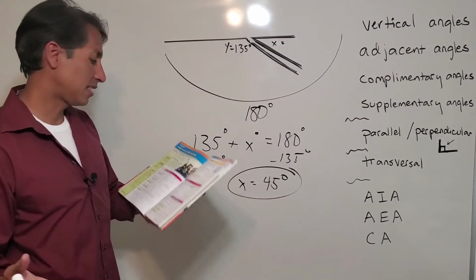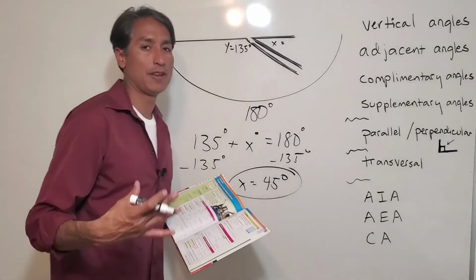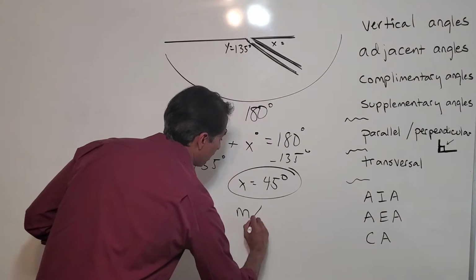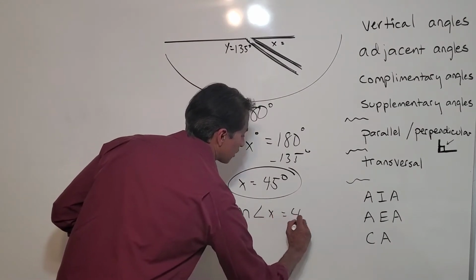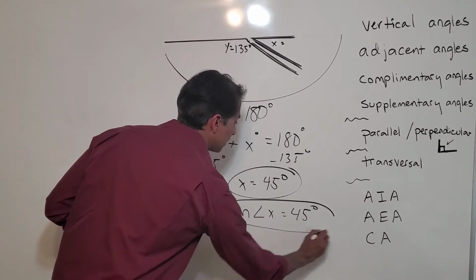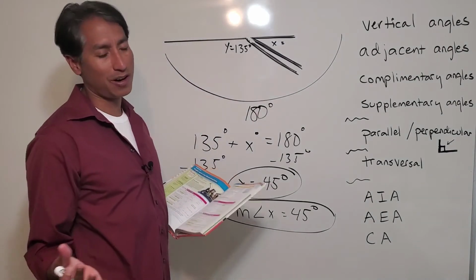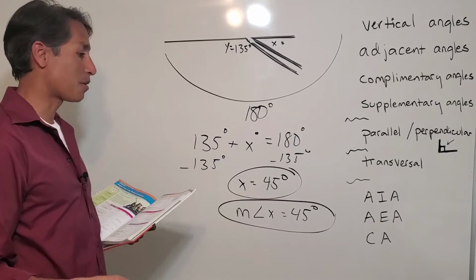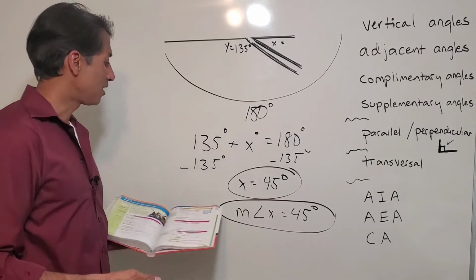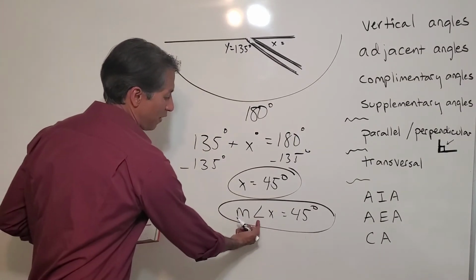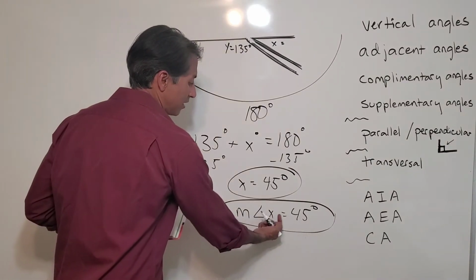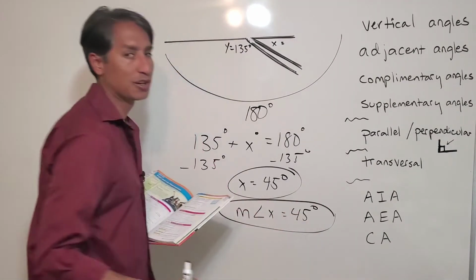And the book then says, if you want, you could be even more specific and write it out as the measure of angle X is 45 degrees. That looks even more correct, or more scientific, however you want to say it. The measure of angle X is equal to 45 degrees.